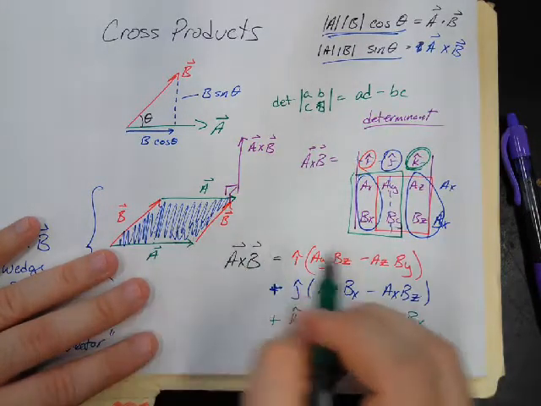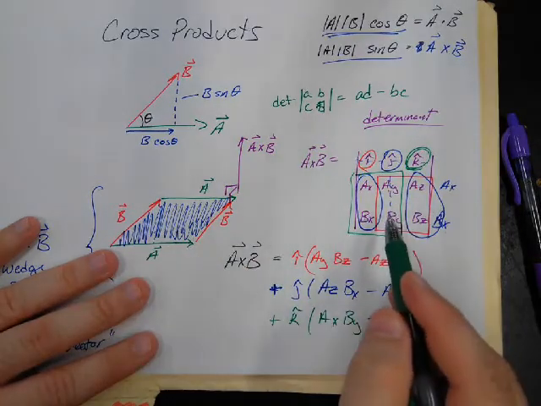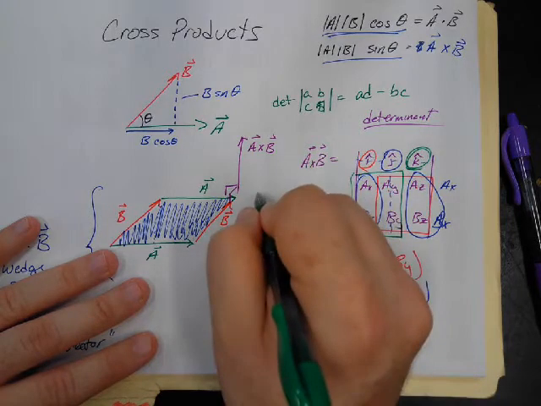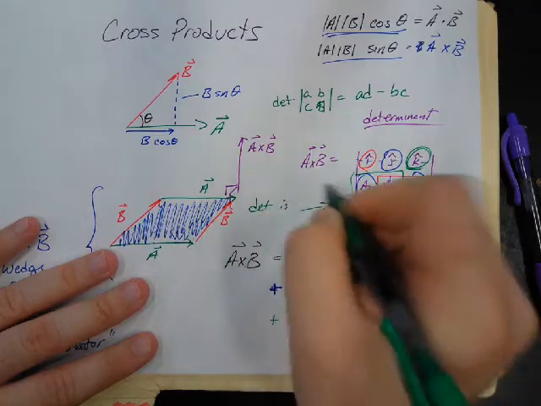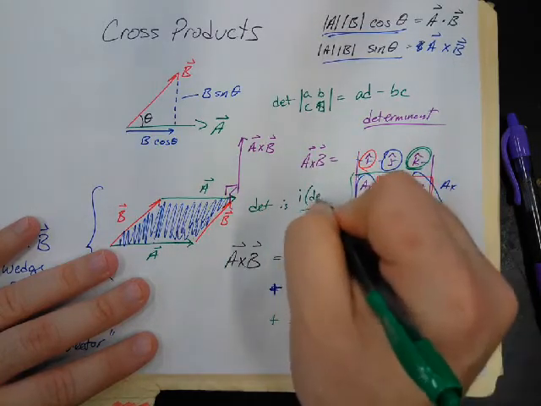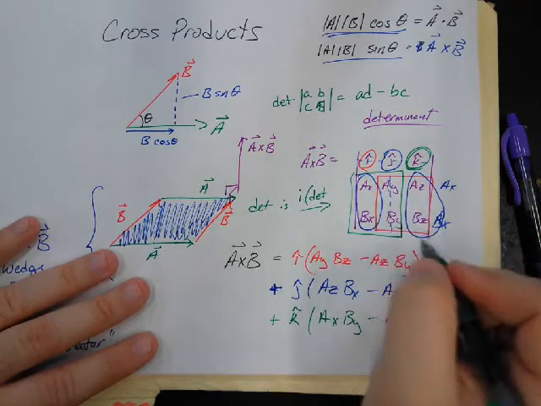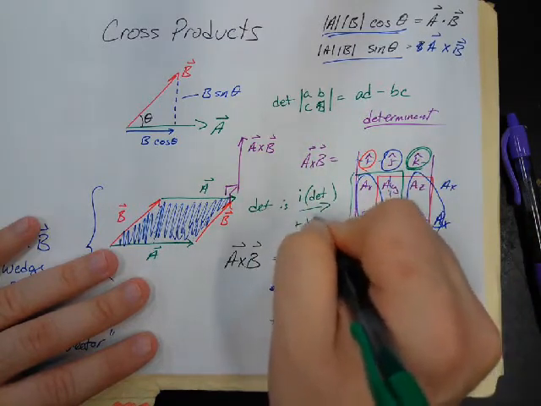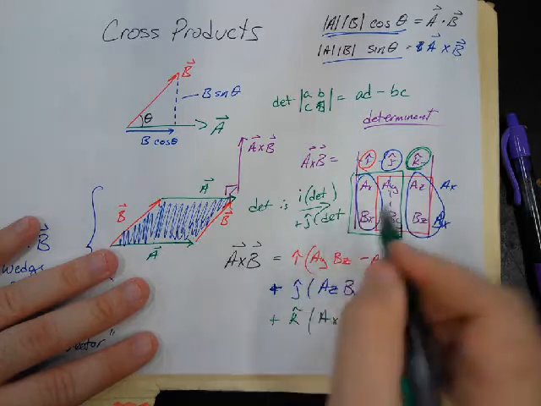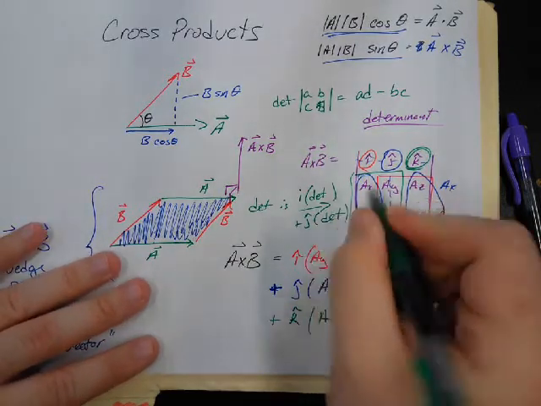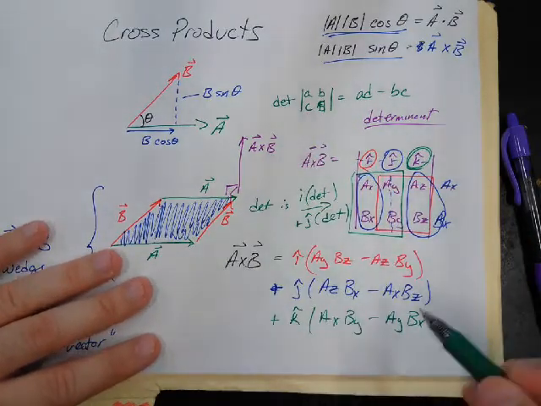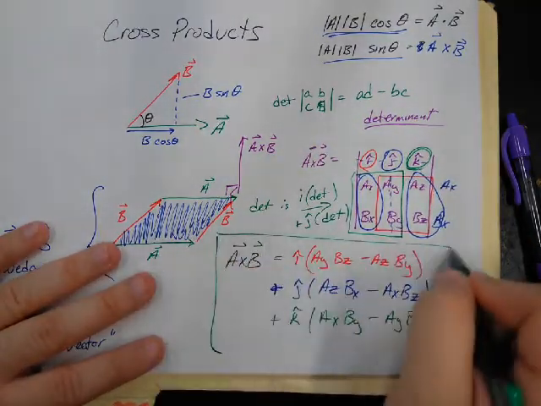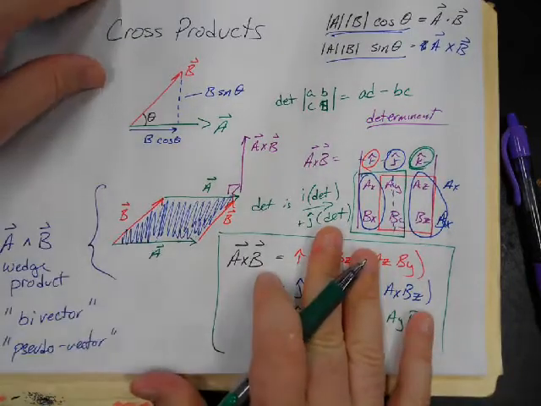And then for the three-dimensional thing, the determinant of this is I hat, and then the determinant of this stuff plus J hat times the determinant. And the idea is that you make smaller versions until you get down to this and you can solve it. So it makes this complex, ugly thing. And there's a reason why we're going to stick with the very basic stuff.